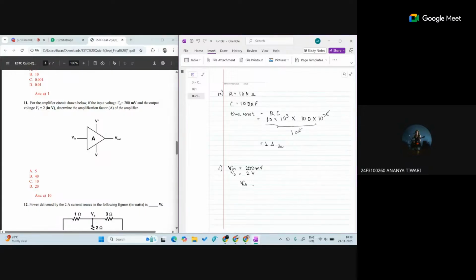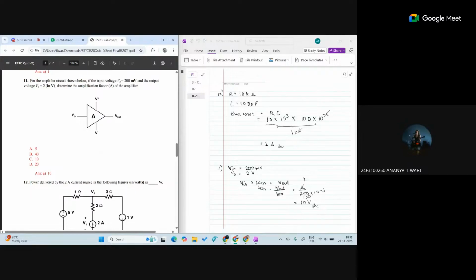The gain is equal to V out divided by V in. So this V out would be 2, and this is 200 into 10 to the power minus 3. So when you solve it, you will get 10. Stop me whenever you have any doubt.